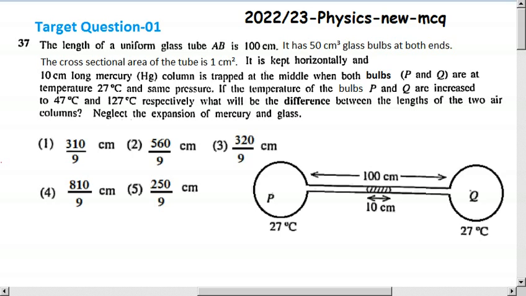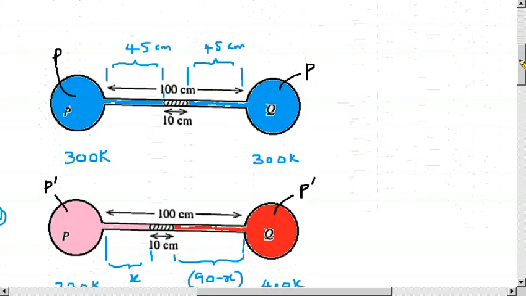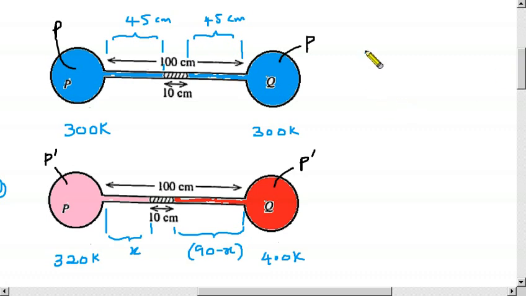So since you have paused the video, now I am going to try this question. To save time, I have drawn the diagrams.